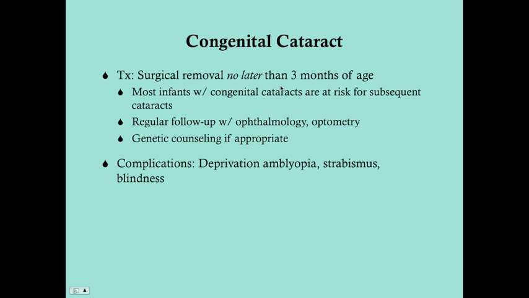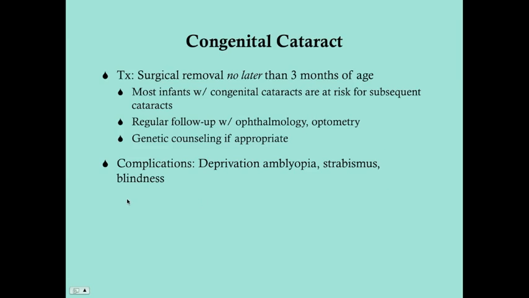The cataract itself is not so much a problem as the complication, which is uniformly going to be deprivation amblyopia if the congenital cataract is not treated. The neuroocular system really does a lot of growing and developing in that early period. And so that's why we want to get this taken out quickly.